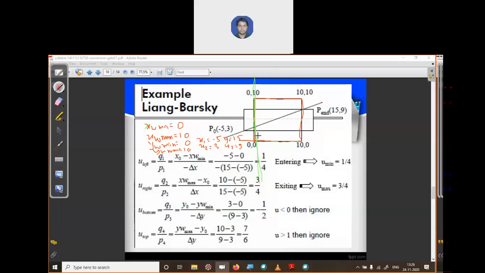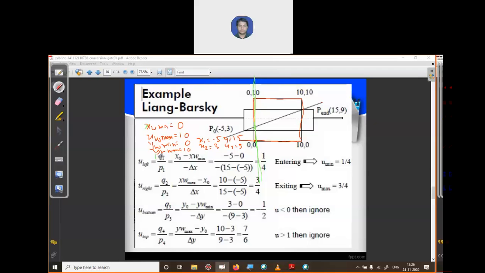For finding this intersect point time, there's only one equation. Divide your q by p. For all the four boundaries, remember one formula to find the intersect point time, at which time that boundary is intersected by this line, is q by p.